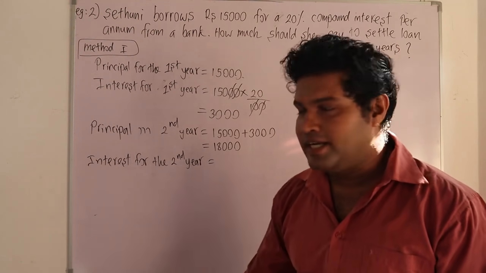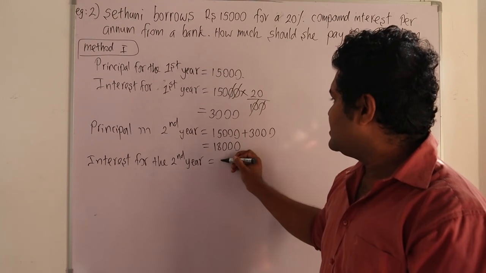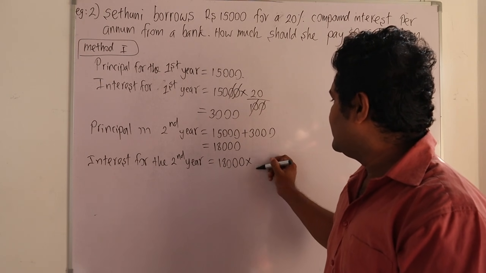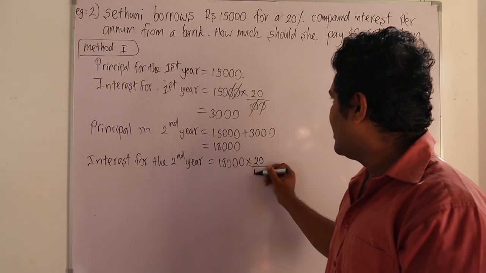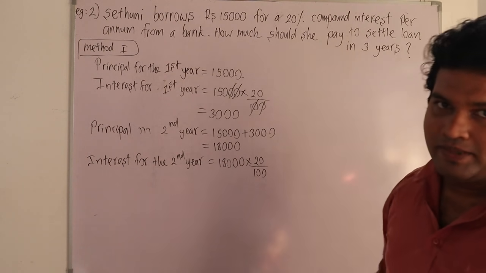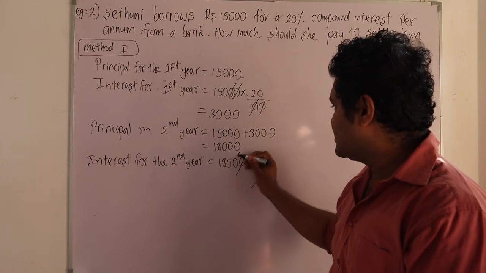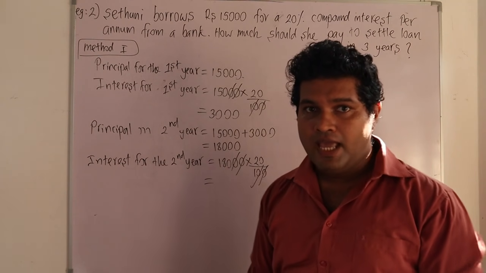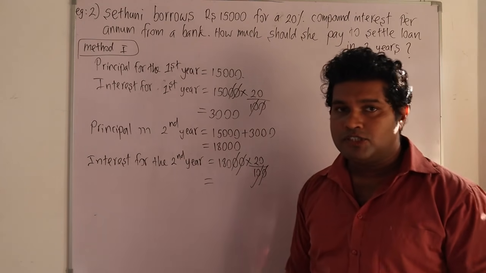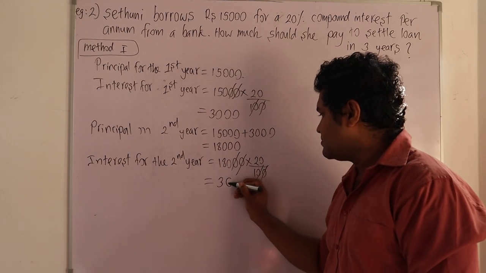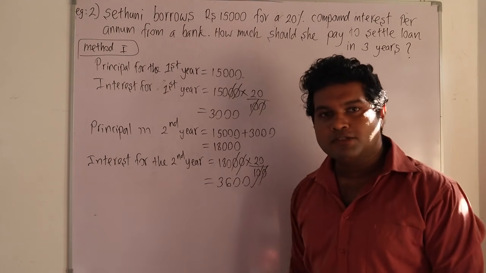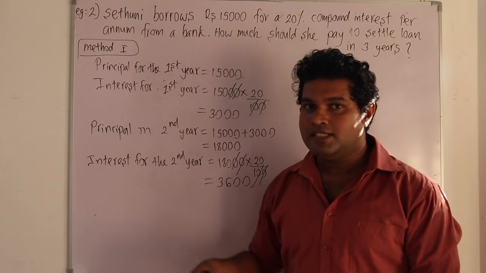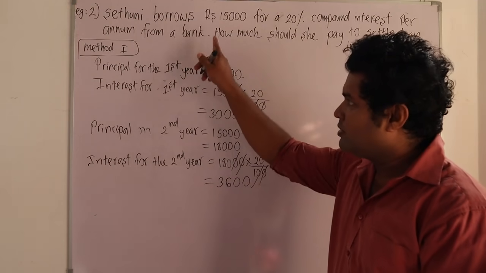What is interest for the second year? This 18,000 is calculated with 20 over 100 because the rate of interest is 20%, and double zeros cancel. 18 times 2, 36, so 3,600, not like 3,000. Year by year the interest gradually increases according to compound interest.